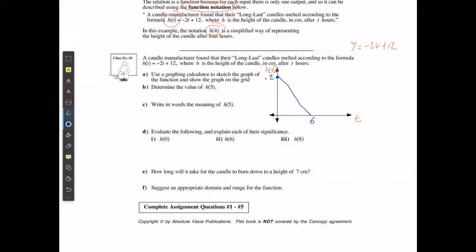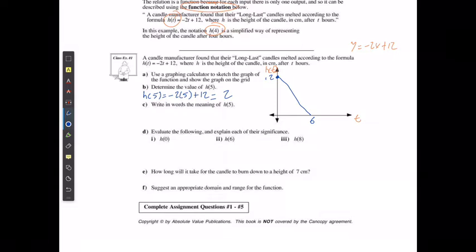Those are the two maximum values that either h or t can possibly be. If I am determining the value of h as a function of 5, then h as a function of 5 is going to equal negative 2 times 5 plus 12, which would equal 2.